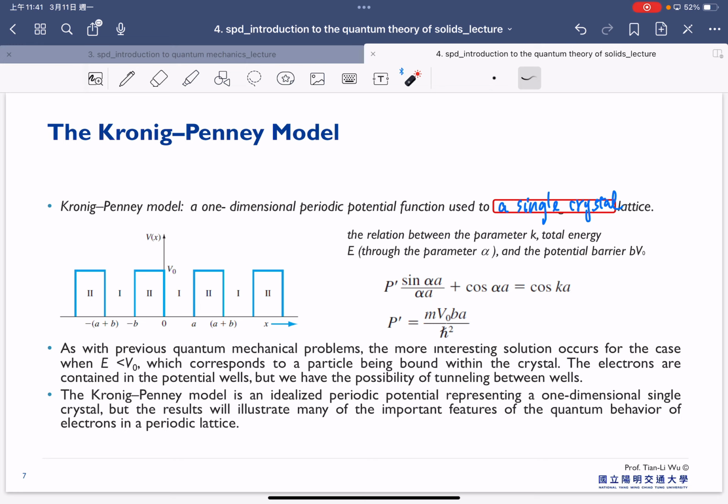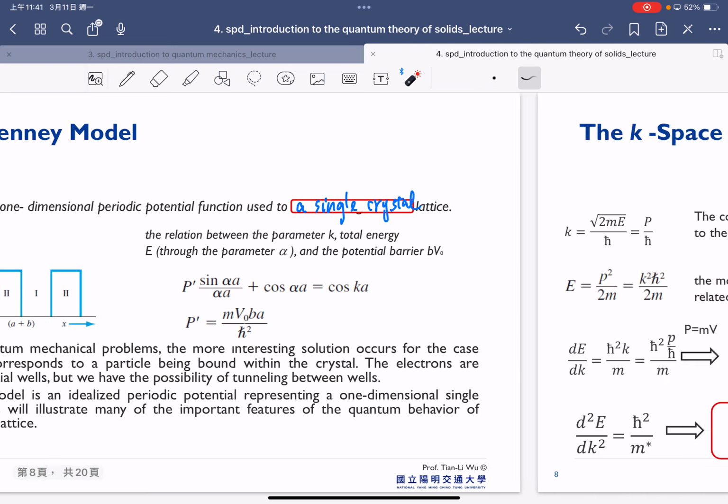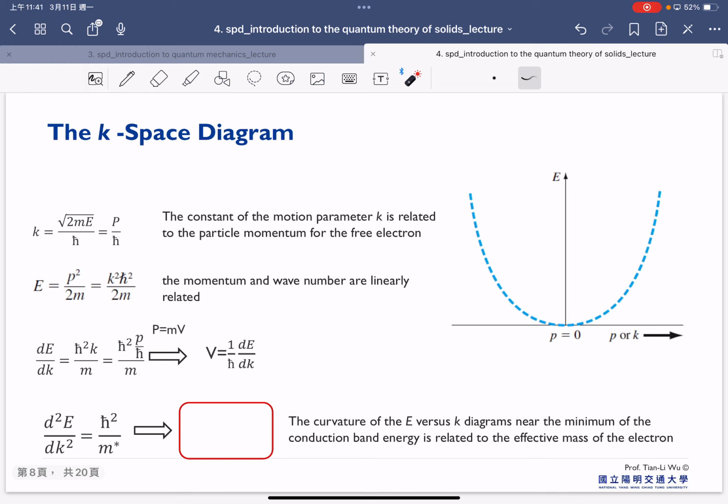What we already discussed is the case like here, or the case like here, but now this is just expanding to the full periodic potential. There's also another concept, which we call the K-space diagram.